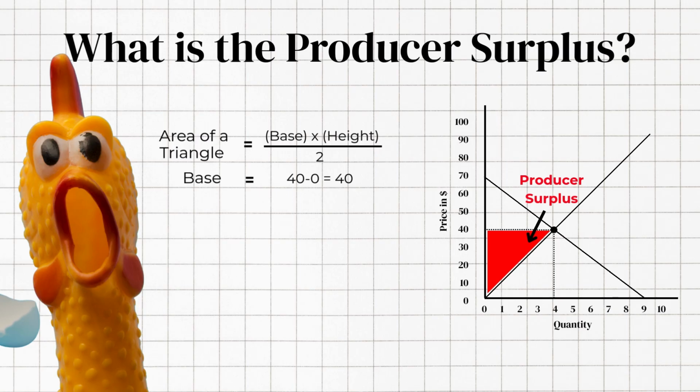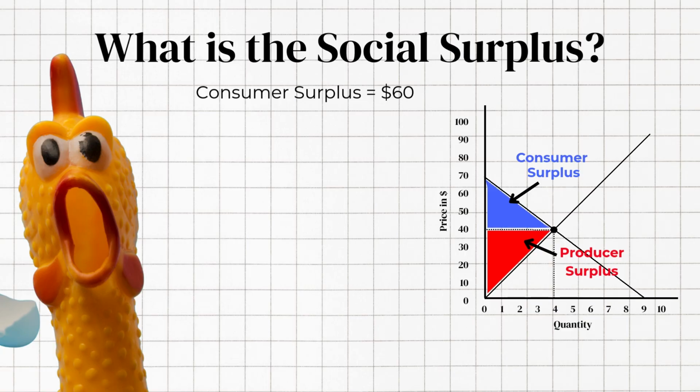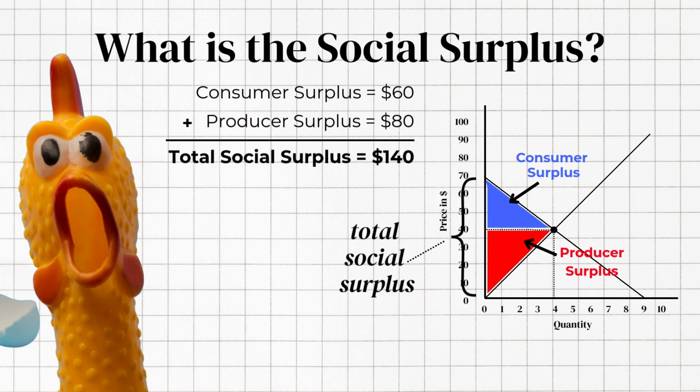So our base is 40. The height is the equilibrium quantity, 4 units, so our height is 4. 40 times 4 is 160. Divided by 2 is 80. And then, once we know the consumer and producer surpluses, all we need to do is add them together to get the social surplus, which in this case would be 140.